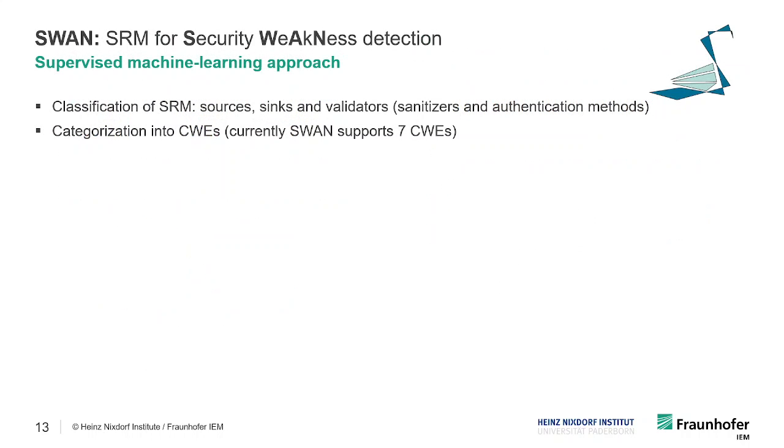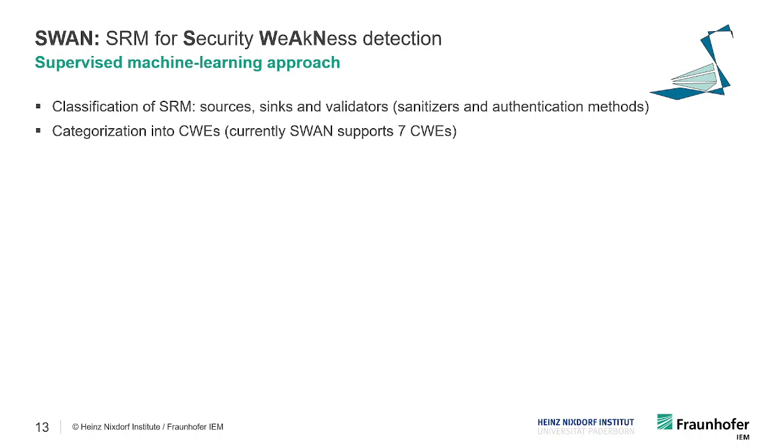So SWAN is a detection of SRMs for security weaknesses, and it is a typical supervised machine learning approach. And there is a classification of sources, sinks, and validators.